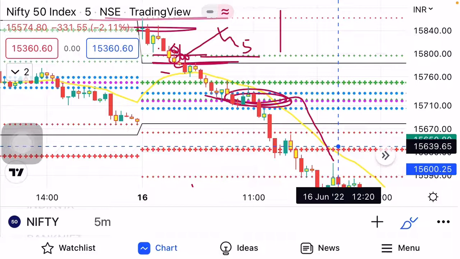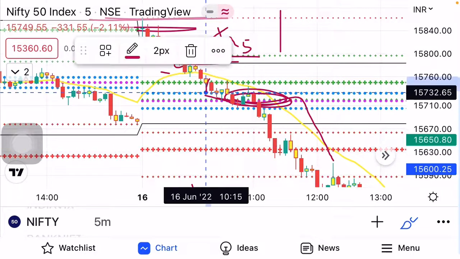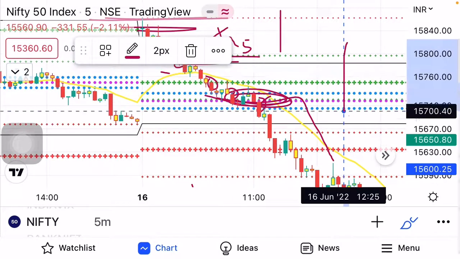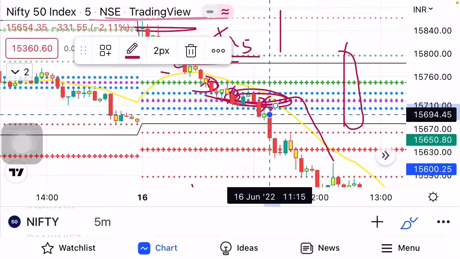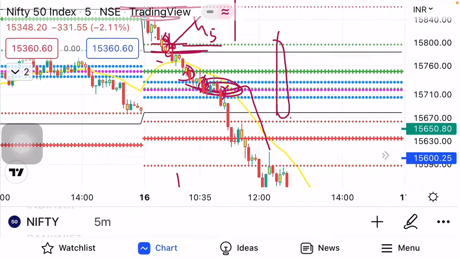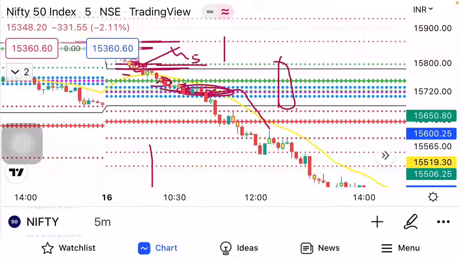It was continuously falling, but it is not volatile. See this, it is forming small green candles. If there is a big bearish candle, that is what is called volatility, and the market will most probably reverse. But these small candles are indicating that the market is going to be trendy and not volatile, right?